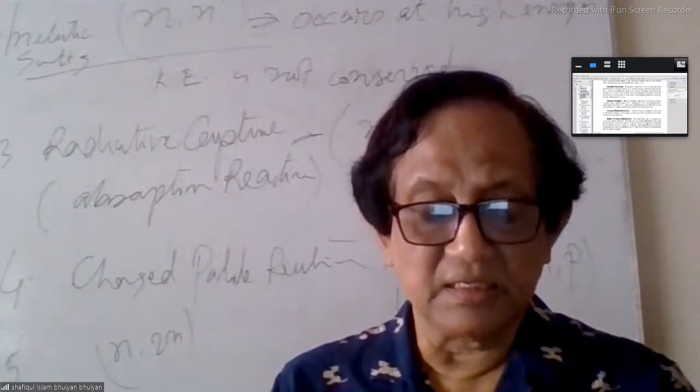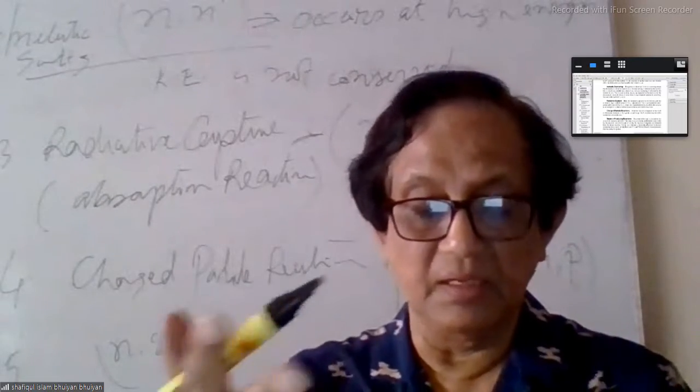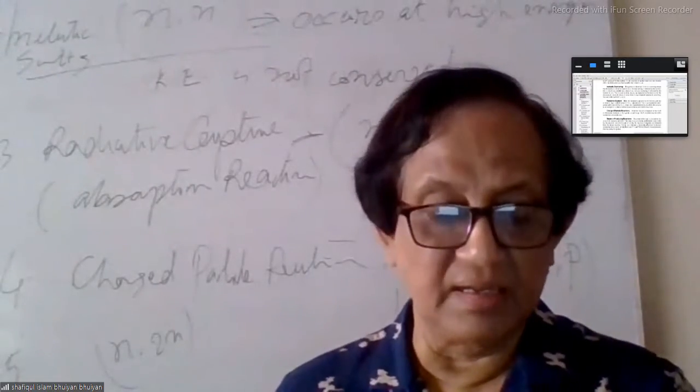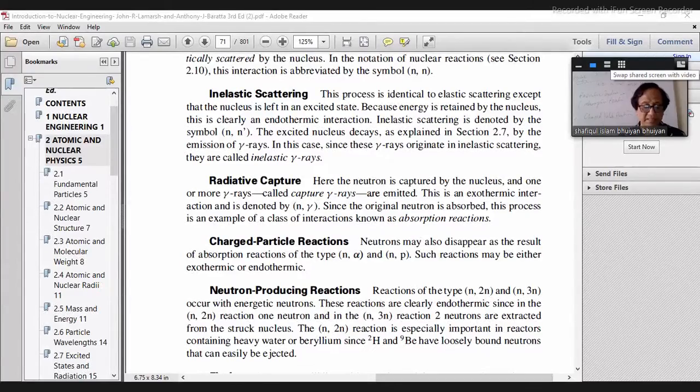And this reaction is in the book early. I want to add something here, because if these reactions come out with some neutrons, we call it neutron producing reactions.